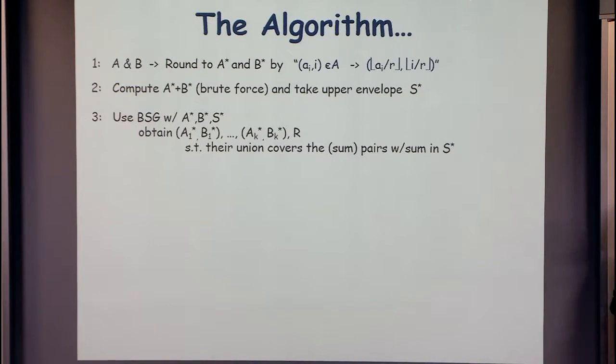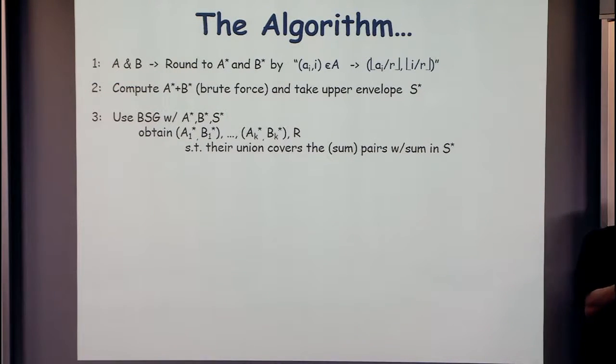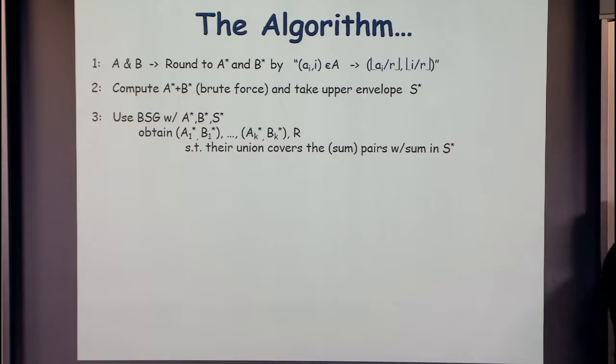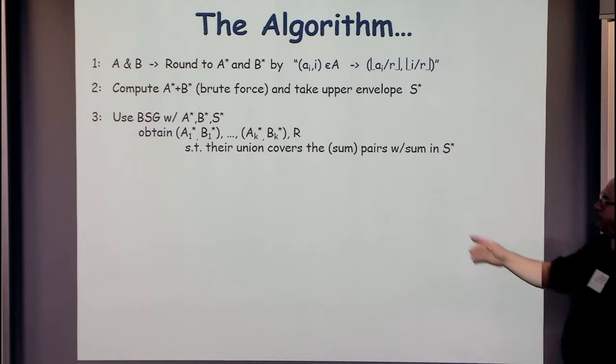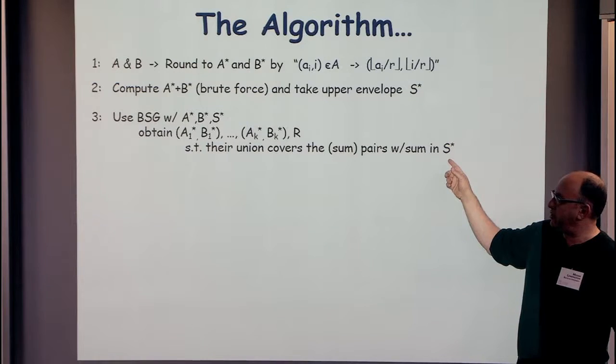And then we use the Balog-Szemeredi-Gowers theorem on these three sets: the rounded down A, the rounded down B, and the sum that we get from the rounded down upper envelope. And we use the corollary, in other words, we get A1, B1, A2, B2, A3, B3, all the way up, so that we get a cover of the pairs of the sums in S star.